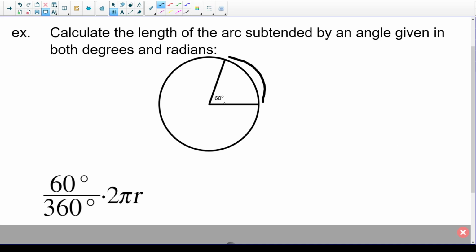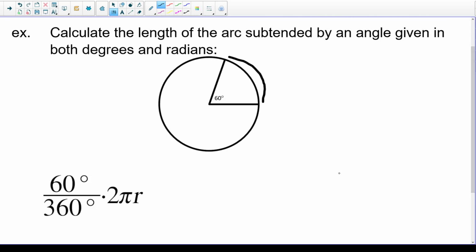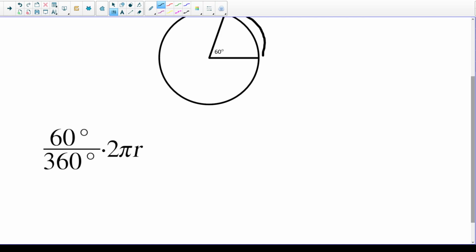Well, how much of the circle have we covered by only opening this pi shape up by 60 degrees? Well, it's a ratio. It's 60 degrees divided by 360 degrees. And we're going to do this now for any type of radius, so not just a radius 1. Okay? So what is 60 divided by 360?